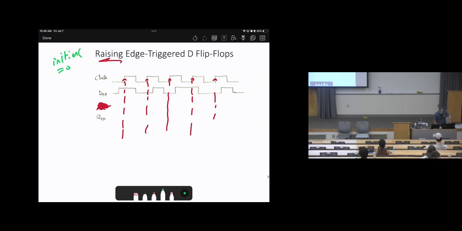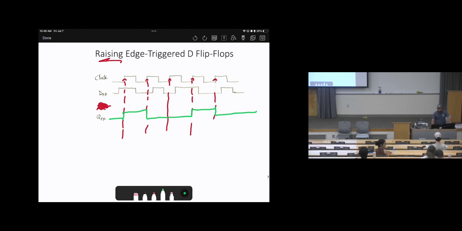So it will start with 0, updates D will be 1, updates D will be 0, updates D is 0, updates D is 1, updates D is 0. Something like that. Maybe I'm bad at drawing them. Here 1, here 0, 0, 1, 0. Okay, so you need to be aware of this.